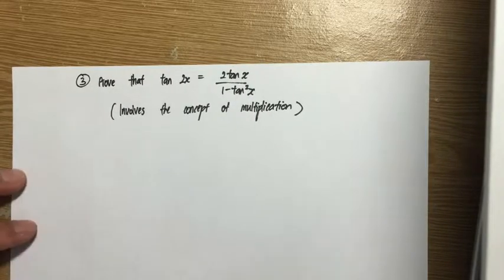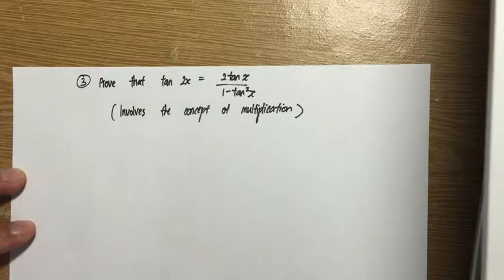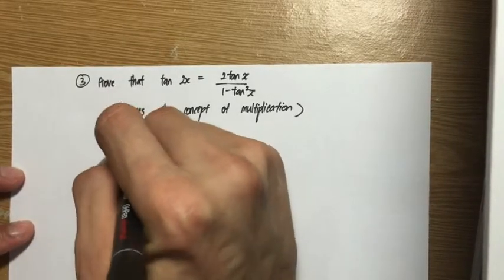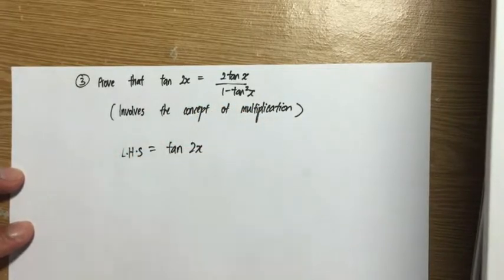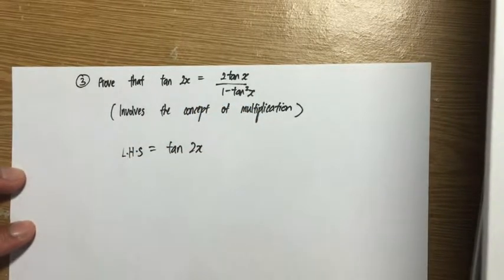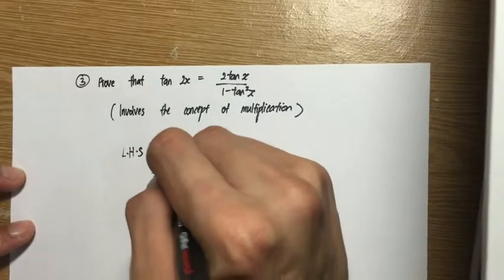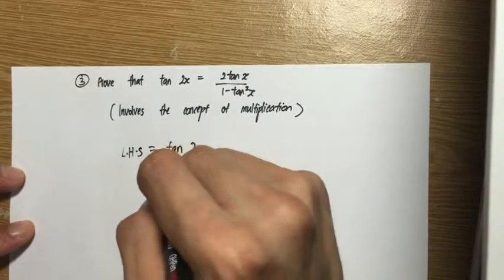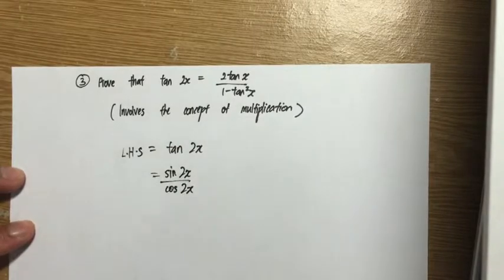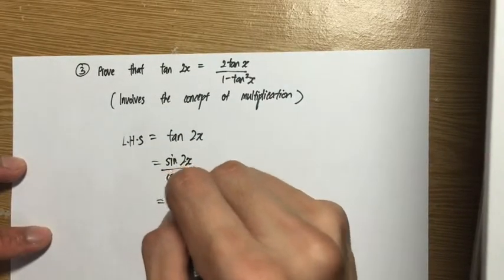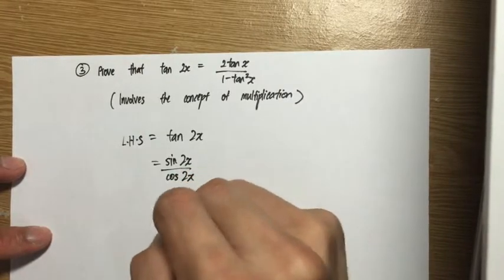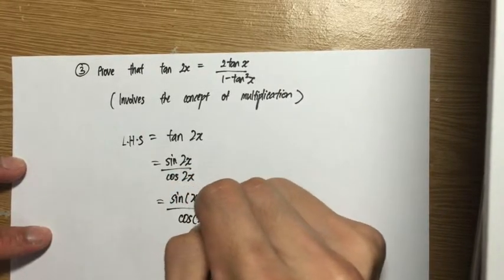Like every proving question, we first begin by writing out the left hand side, which is tangent 2x. Now, let us change tangent 2x into something that we can work with, such as sine 2x over cos 2x. We can break up sine 2x over cos 2x into sine x plus x over cos x plus x.